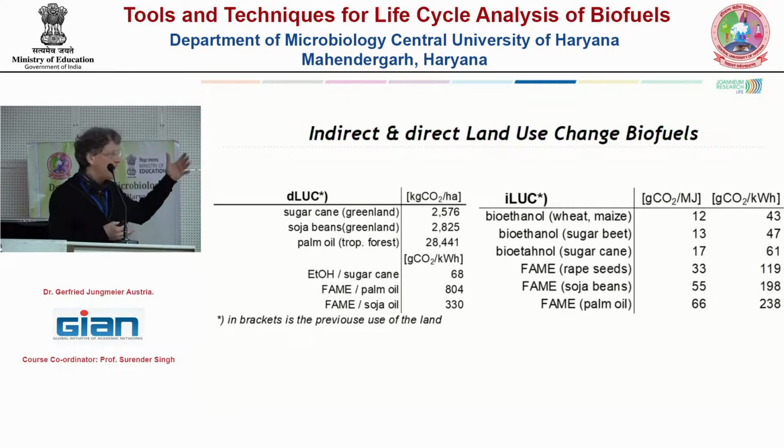So it's even higher than gasoline or diesel, because these carbon effects are very strong. But it's an effect only happening once, and after the first year it disappears, because you don't have any further change in carbon storage if you do sustainable agriculture there.